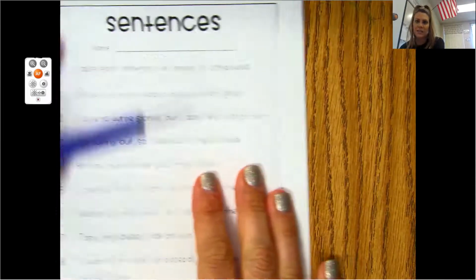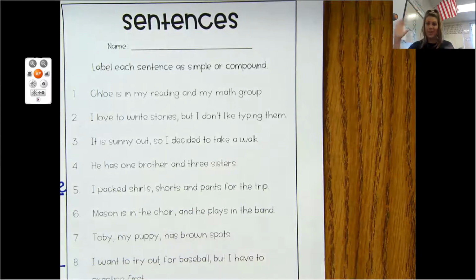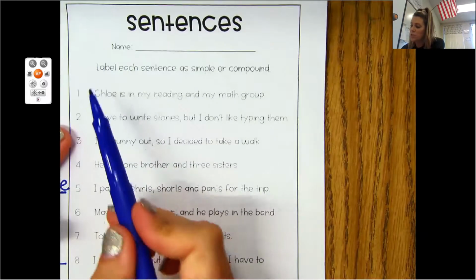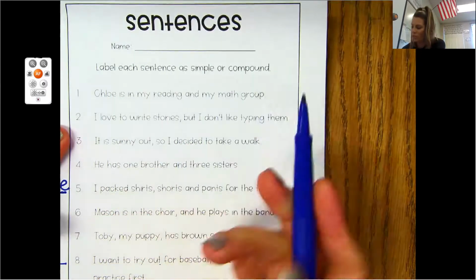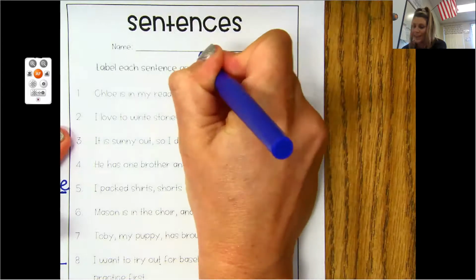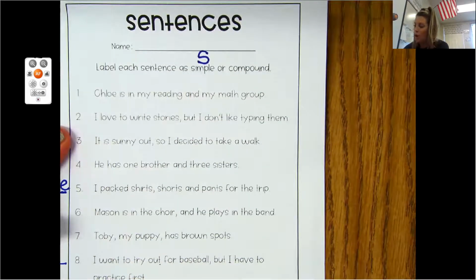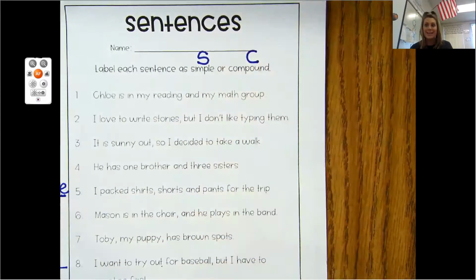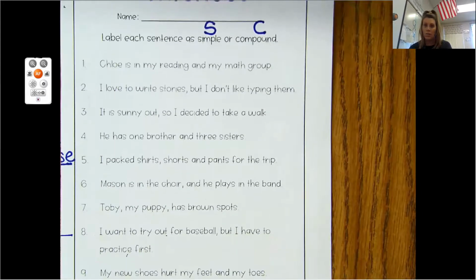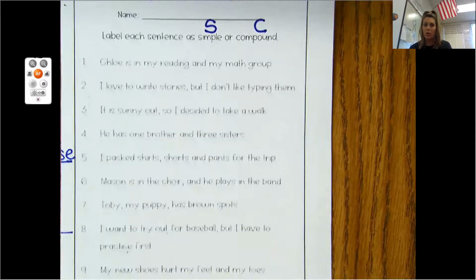All right, moving on to what you are going to do by yourself today. So we've had a lot of review with the two different kinds of sentences, simple and compound. The directions want you to label each sentence as simple, which you can just put an S next to, or compound, you can put a C next to, okay? So you are doing all of these on your own.